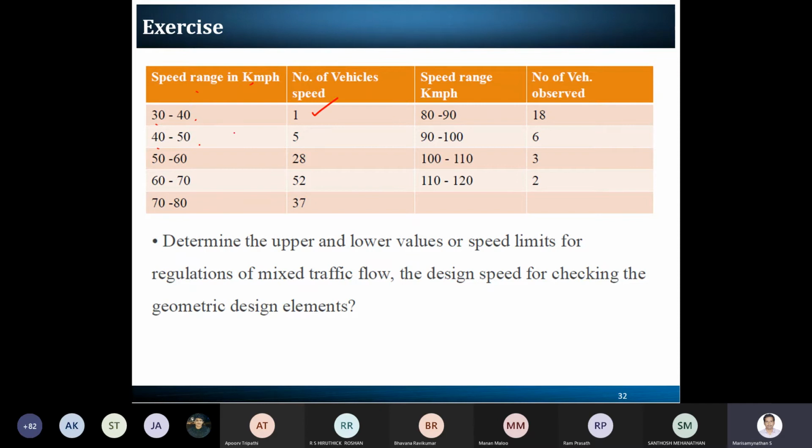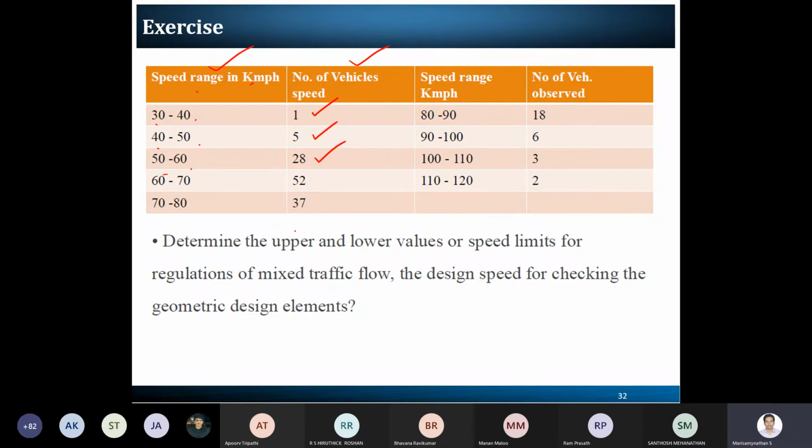Between 40 and 50, 5 vehicles traveled. Between 50 and 60, 28 vehicles traveled. Likewise, within each speed range, how many vehicles are observed is given in the problem. The speed range is in kilometers per hour, with the number of vehicles observed in that particular speed interval.